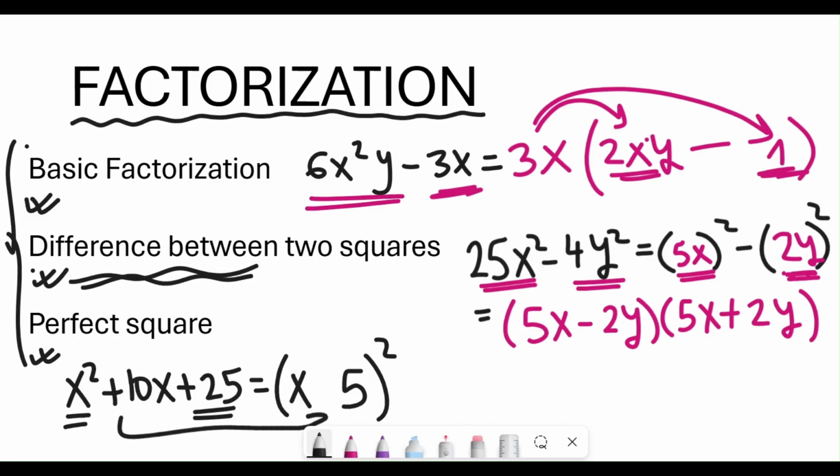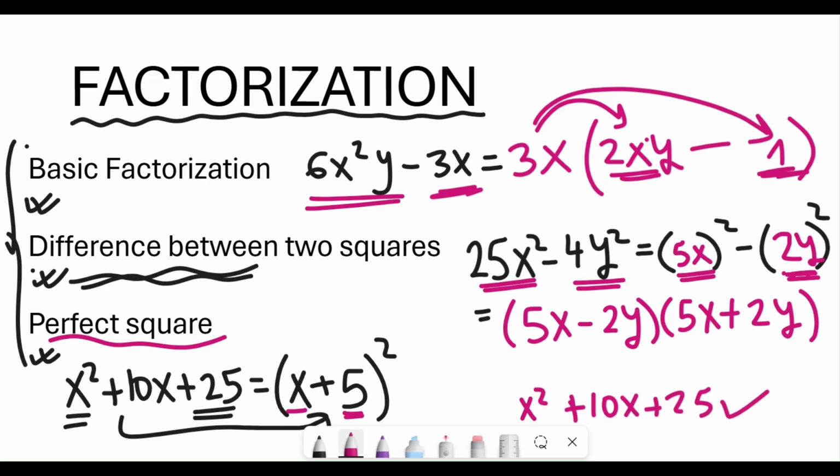We copy the sign from here, so it's x plus 5. You can always double check by using the formula. The formula for this perfect square identity says first squared, which is x squared, 2 times first times second, which is 2 times x times 5, which is 10x, finally plus second squared, which is 25. That's how we know it's correct.